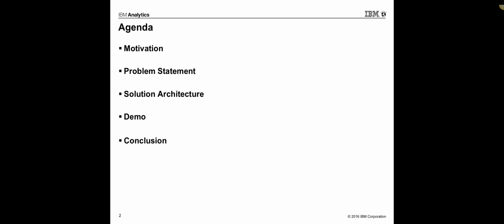Once we finish going over those, then we'll go into the demo itself. I'll show you how to launch all these services and walk through the script that I wrote to do the data processing. And then we'll conclude by reviewing and talking a little bit about how IBM has made a significant commitment to Apache Spark.